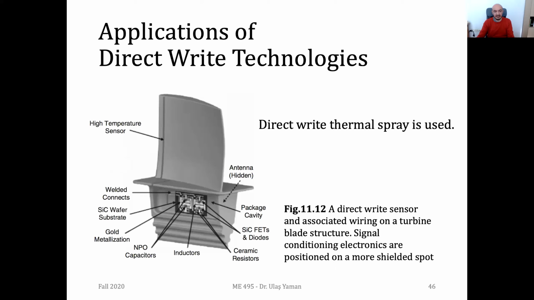And they used direct write thermal spray technology. In this example, this turbine blade, they have embedded some antenna inside, and this is done, again, with the help of direct write thermal spray.